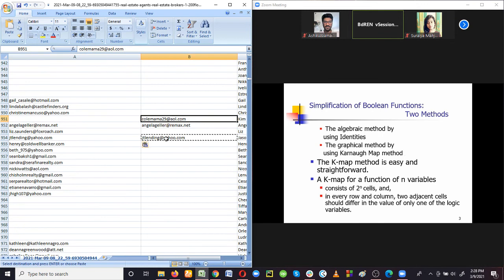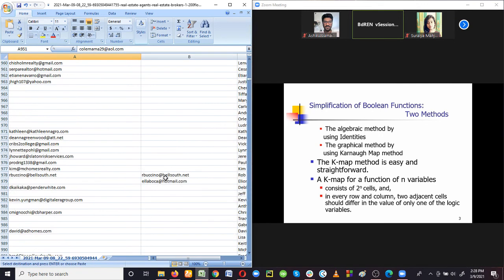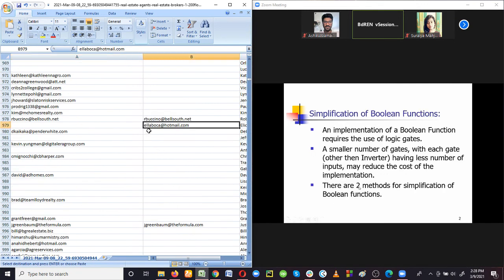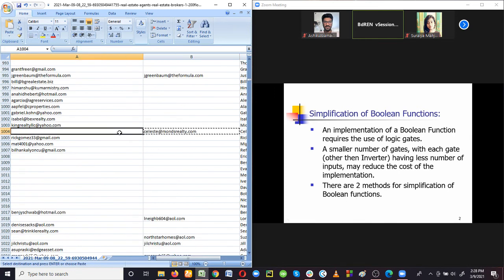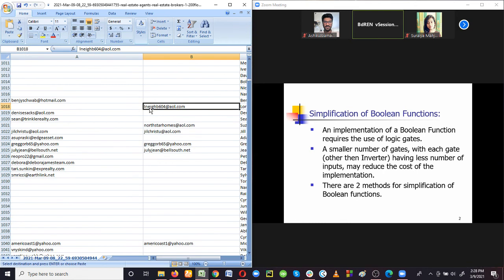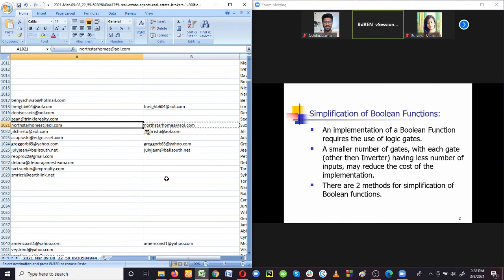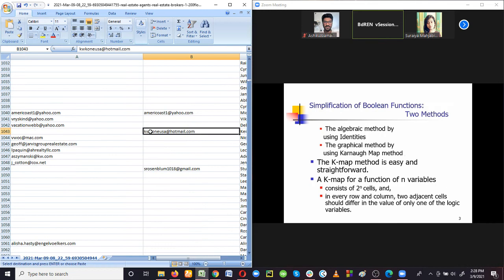There are two methods for simplification of Boolean functions. Already we have covered one method, the algebraic method. So how many methods for simplification of Boolean functions? There are two. One is the algebraic method by using identities.